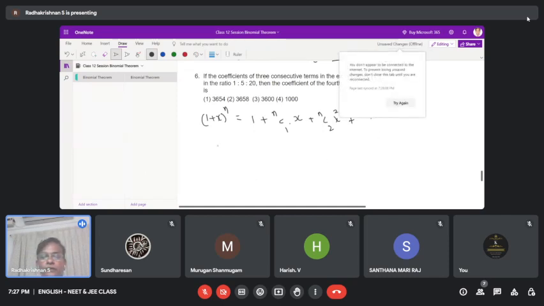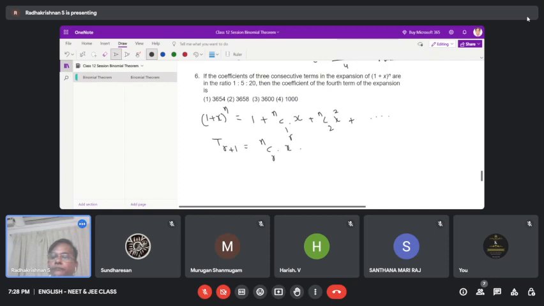So you see that in this case, T(r+1) equals nCr x^r. Now it's given that any 3 consecutive terms are in the ratio 1:5:20.